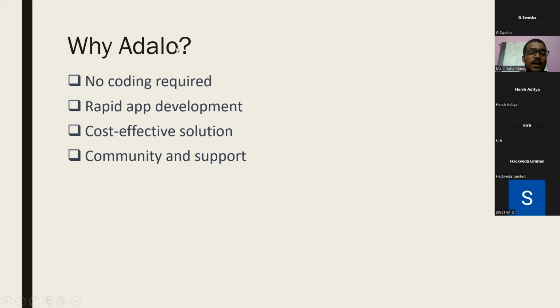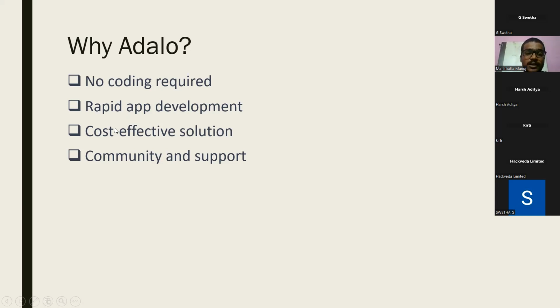There are many such platforms available in the market. So why do we have to use Adalo? Firstly, while creating a website, we do not have to use only coding. The second point is rapid app development: through Adalo we can develop our app rapidly, and it is also a cost-effective solution.